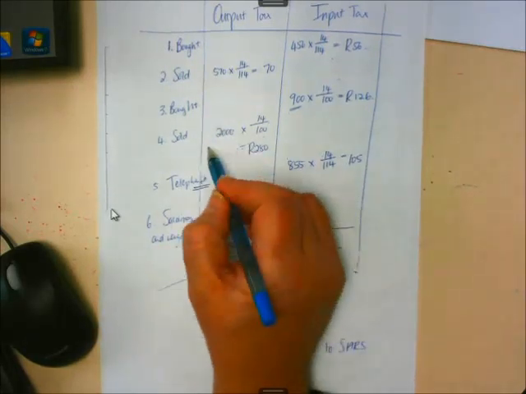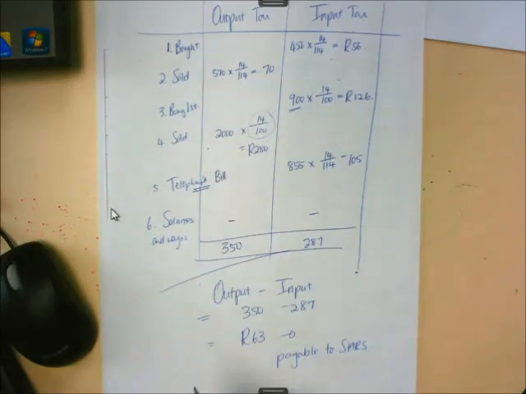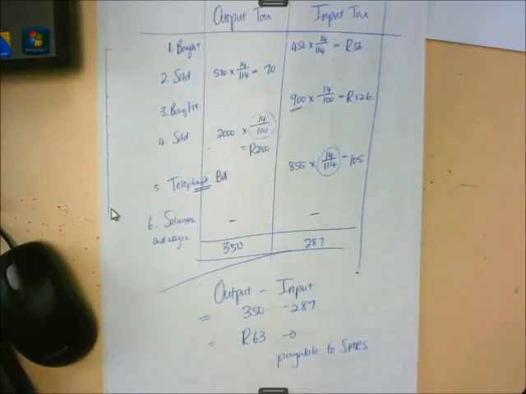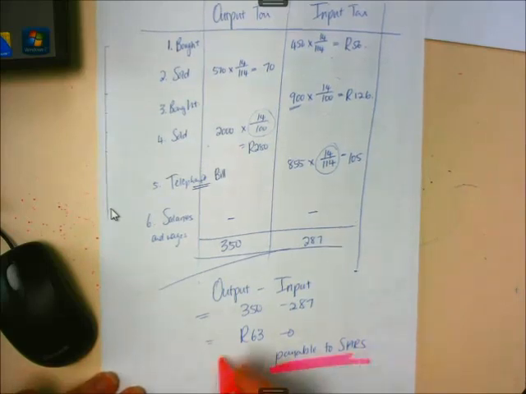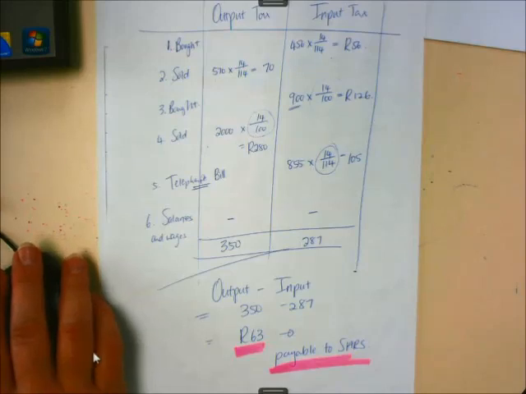There we sold, this one was also VAT exclusive. We bought something, the telephone bill came in, we pay for it, and then salaries and wages, no VAT on that one. So we owe SARS, and you must please indicate payable to SARS 63 Rand.